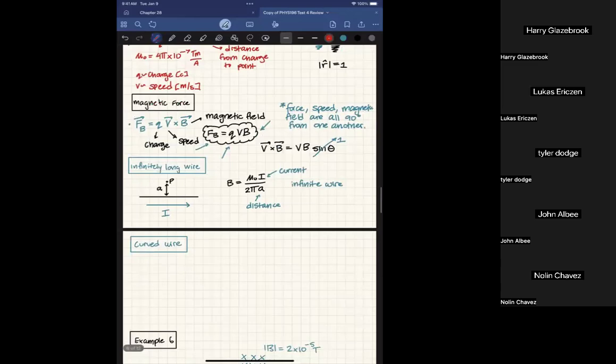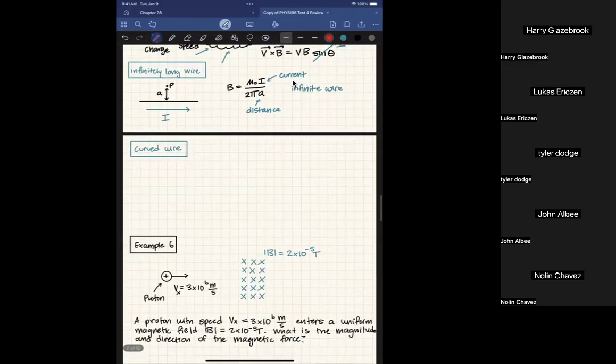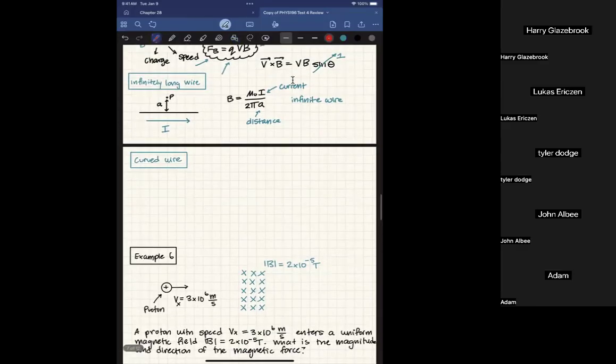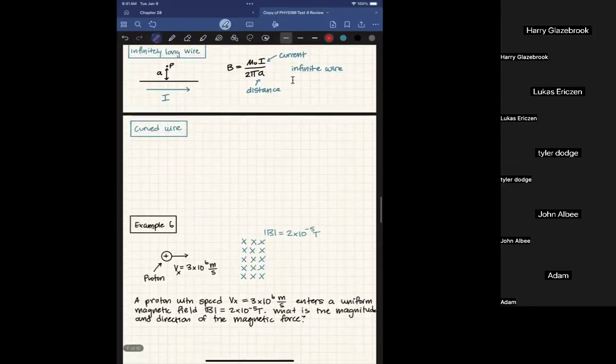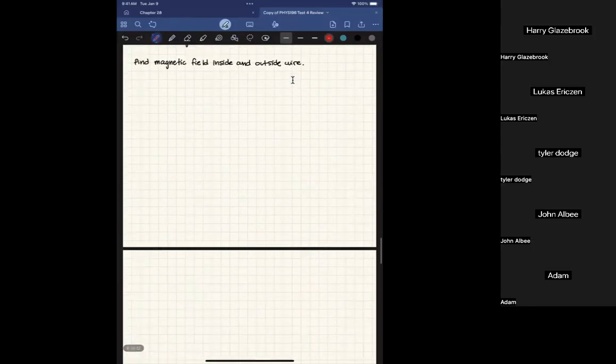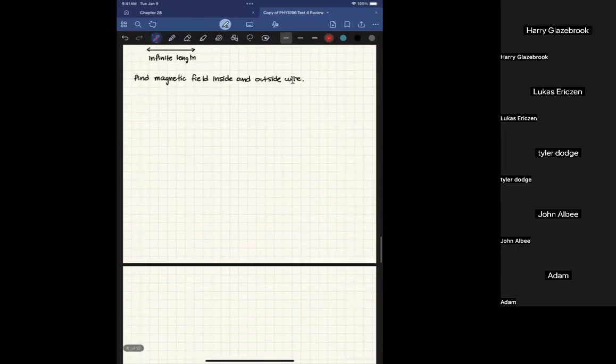I guess now is as good a time as any to show you how to do it. Pretty hard on Zoom, but I'll do my best. I'll do a whole thing down here about the right-hand rule, because I know it gets confusing.